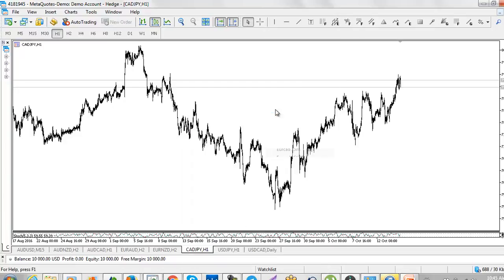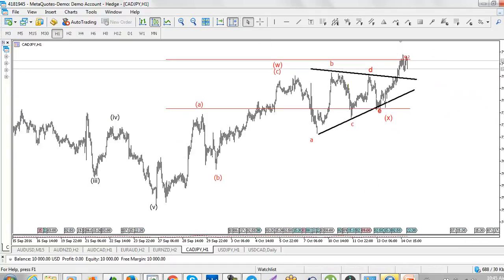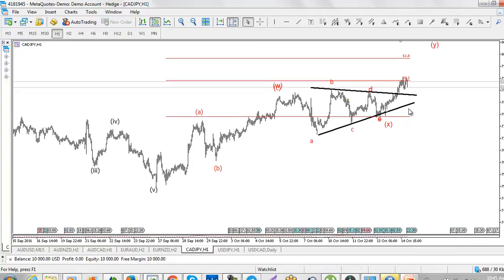CAD yen is here, and then look at what I have. I expect the CAD yen to continue moving upside. The reason is that we are having an emerging double zigzag. So this is the first leg of the zigzag, and the second leg of the zigzag was actually a very typical triangle, well formed, well arranged.